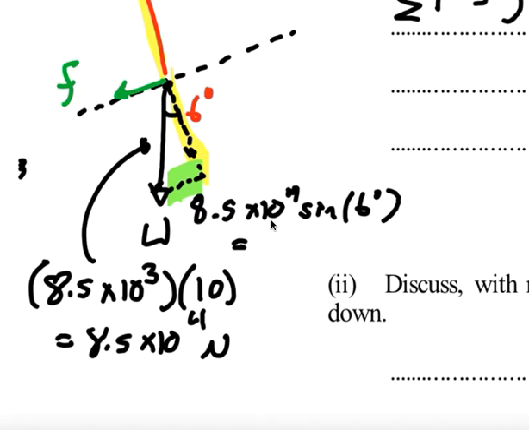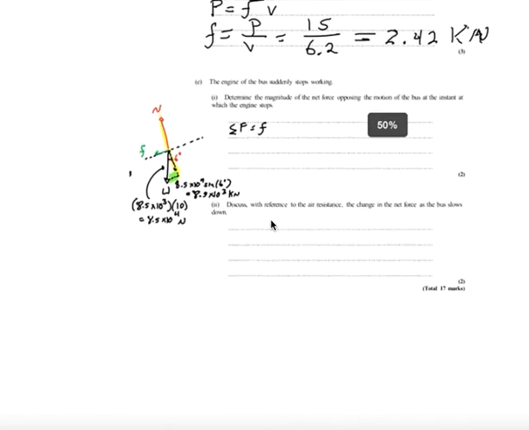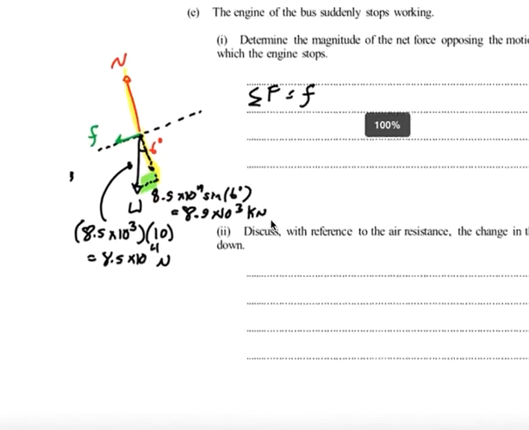That gives us 8.9 times 10 to the third, which is quite a bit more.